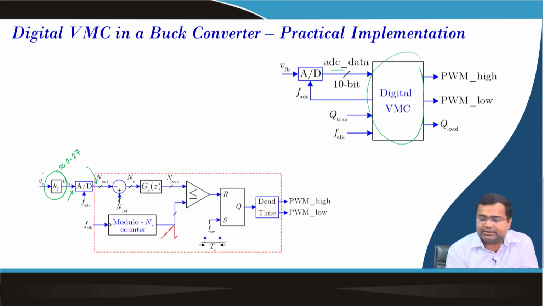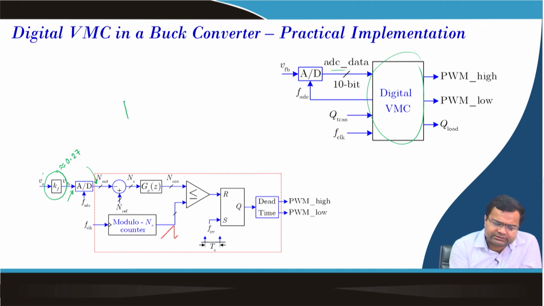Inside, we are assigning this data, which is coming at a higher rate because we are using a 25 megahertz clock. Continuously this data is coming at the rate of 25 megahertz, because the throughput of the ADC is 25 megahertz, but the latency is 6 clock cycles.